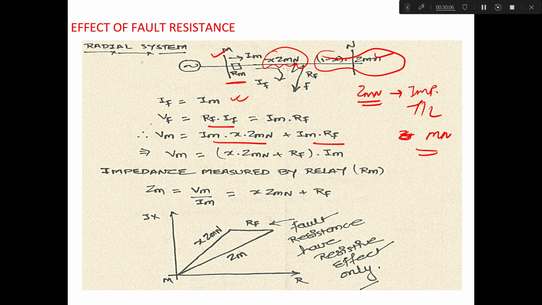Why IM times RF? Because it is VF. So VM will be (X Zmn plus RF) into IM. So the impedance measured by the relay, VM by IM, will be X Zmn plus RF.